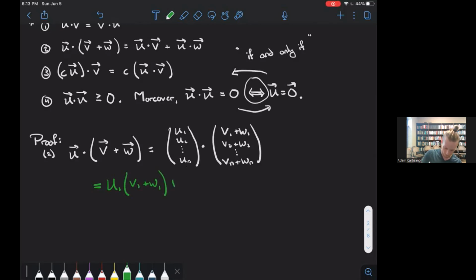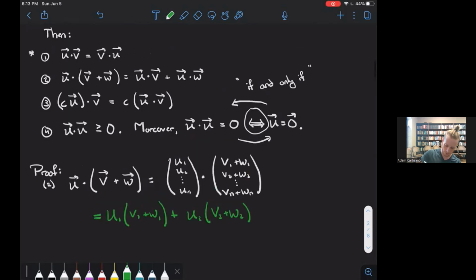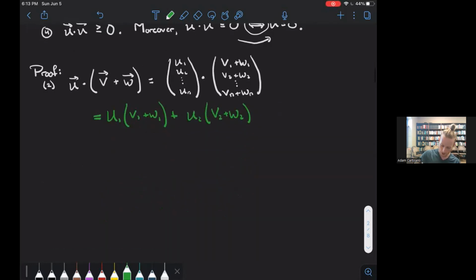Plus u2 times v2 plus w2, right? We're taking the first component and multiplying with the first component, then the second component multiplied with the second component, and so on. We'll keep doing that process all the way until un times vn plus wn.